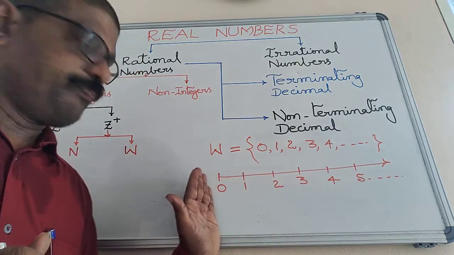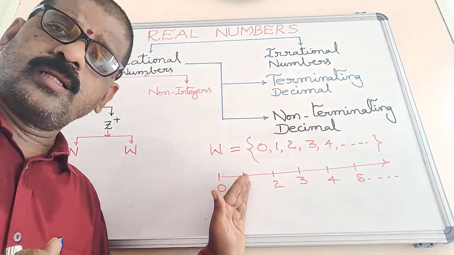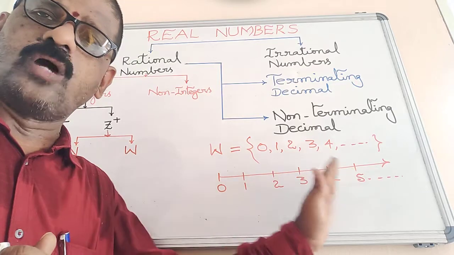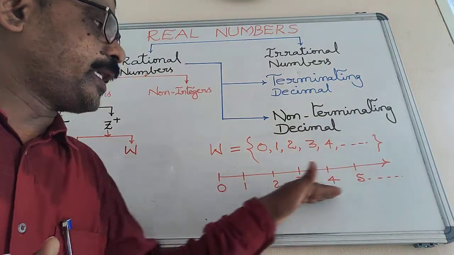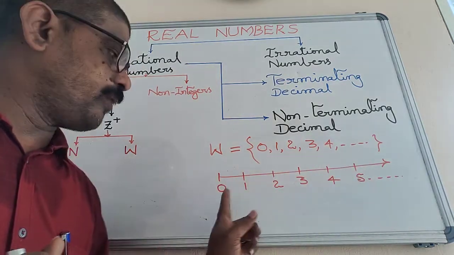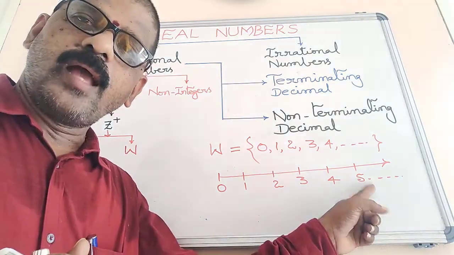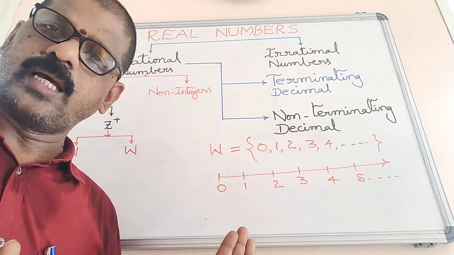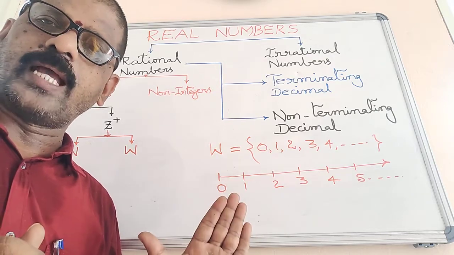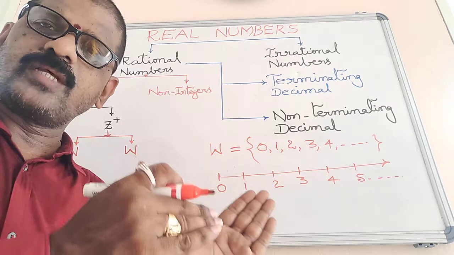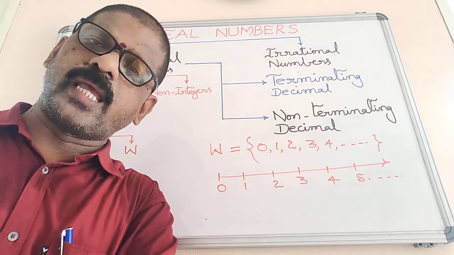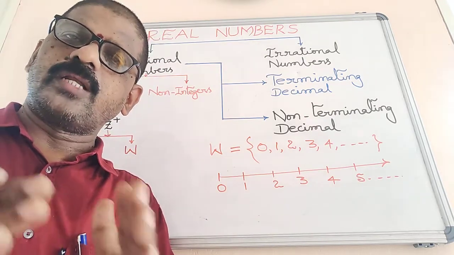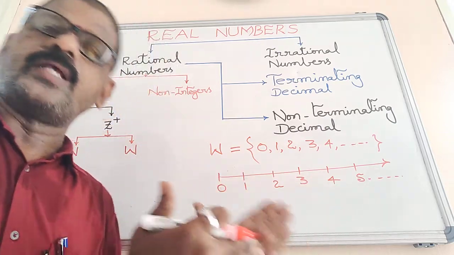The successor of 0 is 1, the successor of 1 is 2 and so on. That means increasing. To the right of 0 the values are increasing, and to the left of 0 the numbers are decreasing.